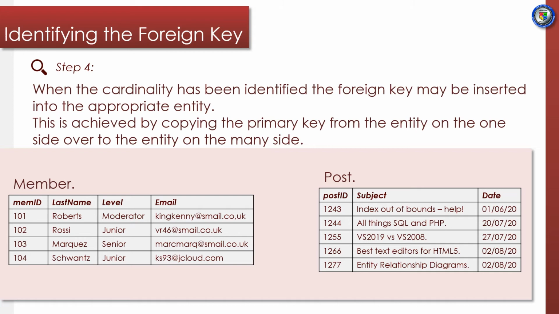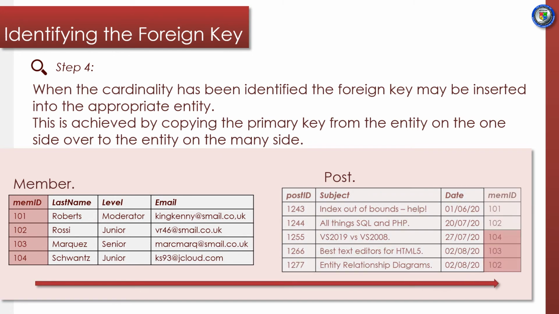Now that we've identified our cardinality as being one to many, one member can make many posts, we can now insert the primary key from the member table into the post table as the foreign key. This is achieved by copying the primary key from the member entity into the post entity.